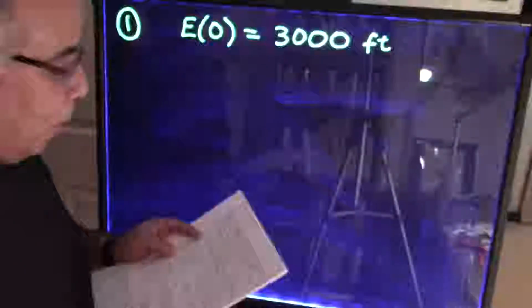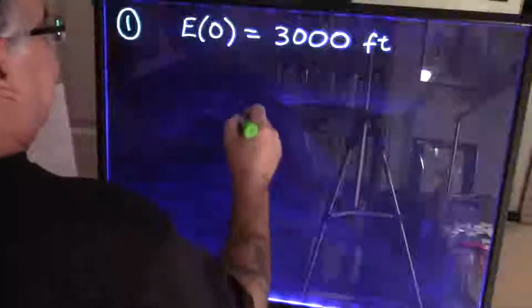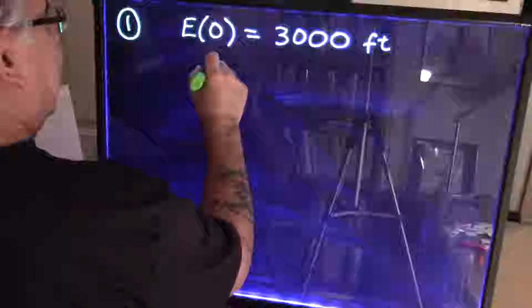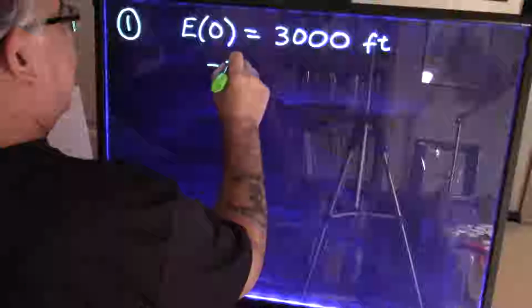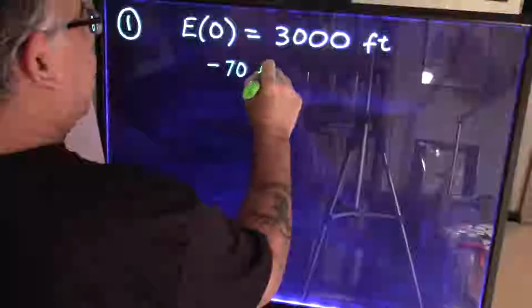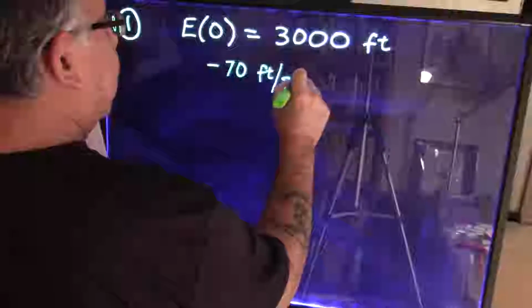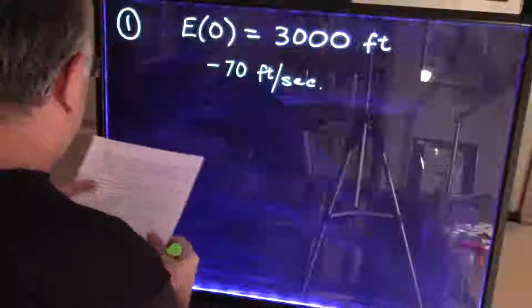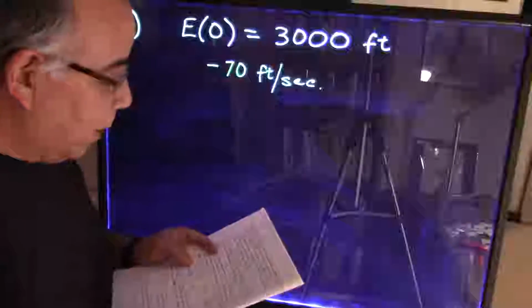So the negative implies we're losing altitude over time. The slope is negative 70, in feet per second because those are the units we're using. So that means that Terry is descending at 70 feet per second.